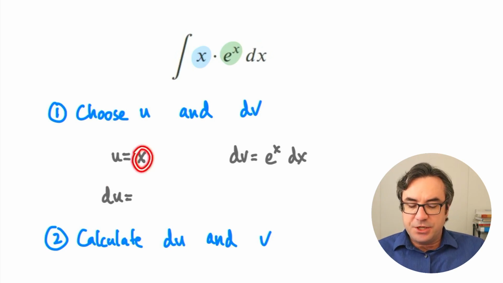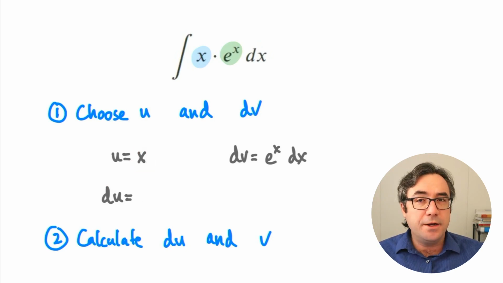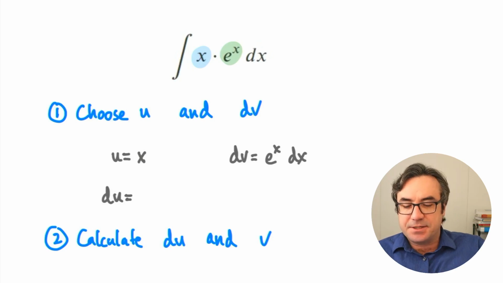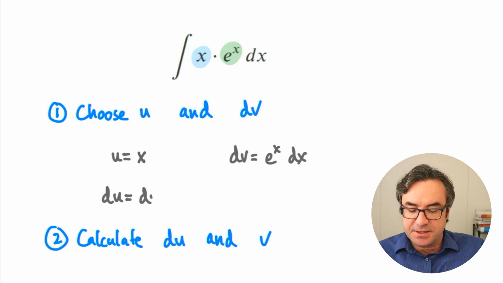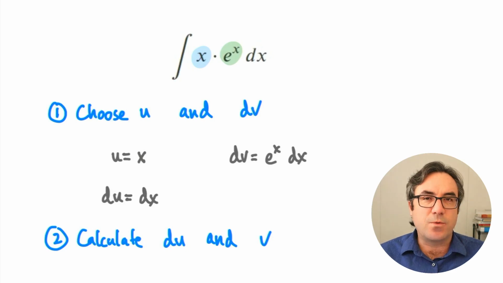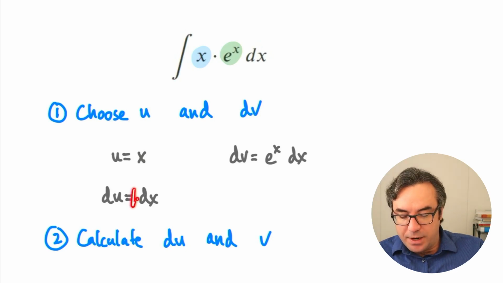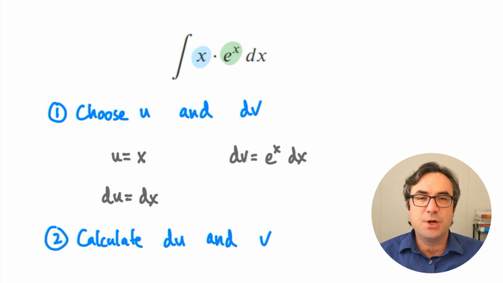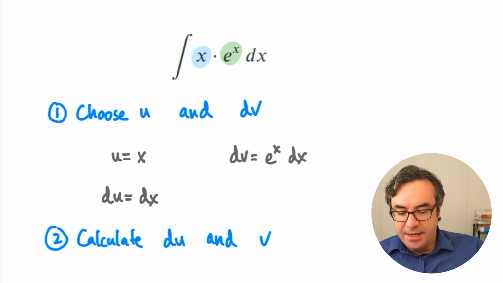So we just differentiate the function x to get 1, and then multiply by dx. So we get 1 times dx, and we don't really write multiplication by 1. Technically there's a 1 times dx here, but we don't need to write the multiplication by 1. So what we did there is we differentiated.